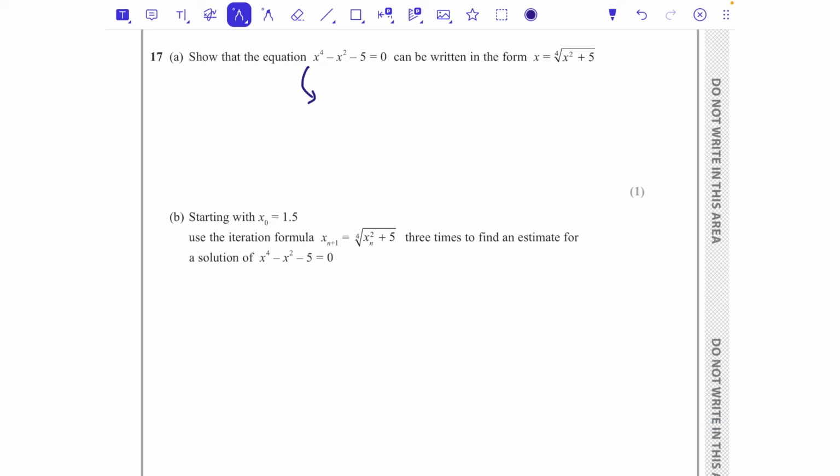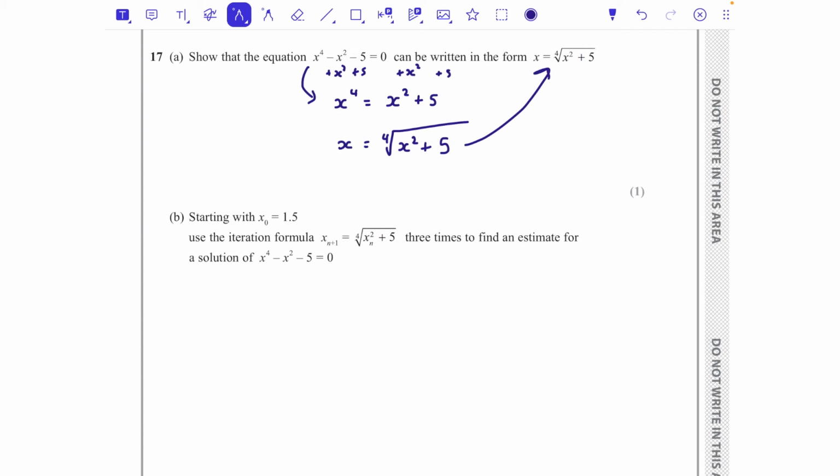So we can change this to be x to the power of 4 equals x squared add 5. I've added x squared to both sides, and I've added 5 to both sides. So we've got that, and then I'm going to do the fourth root. And that's all they want to see for, how many marks is that? 1 mark there. So rearranging it so that they've got that x on its own.